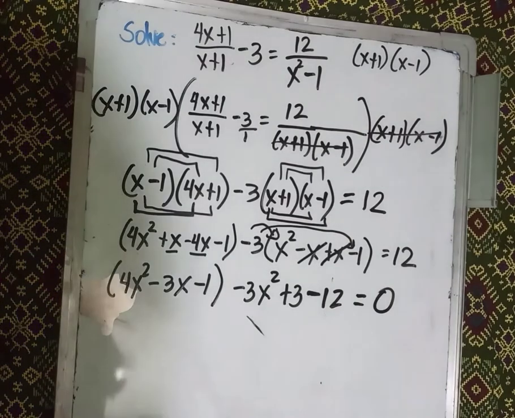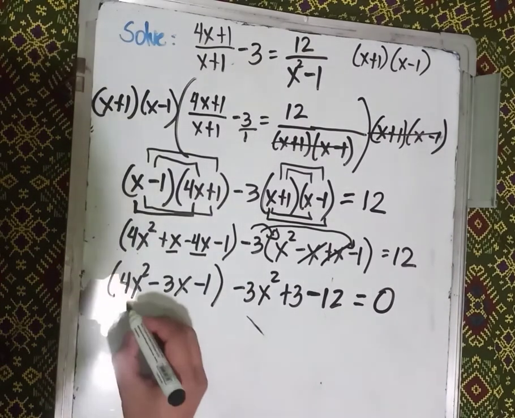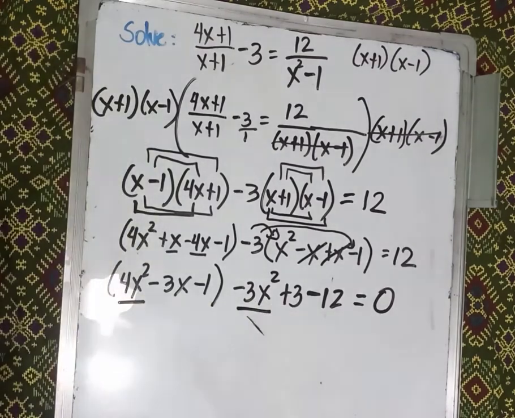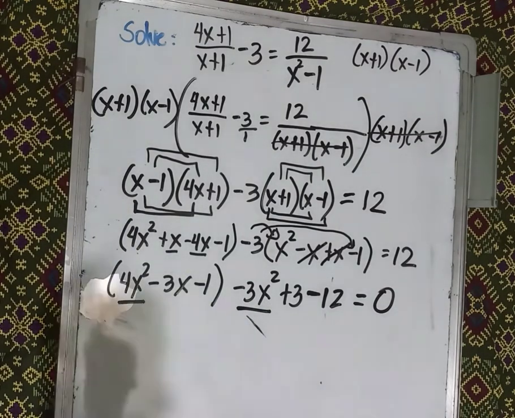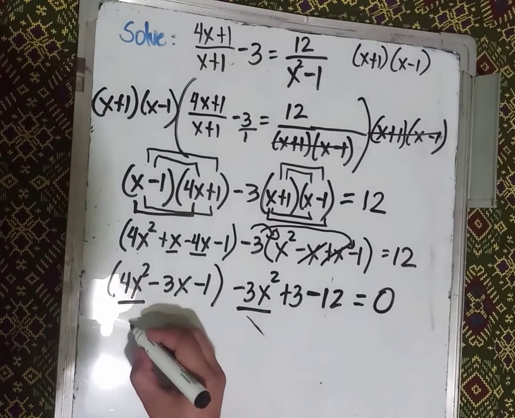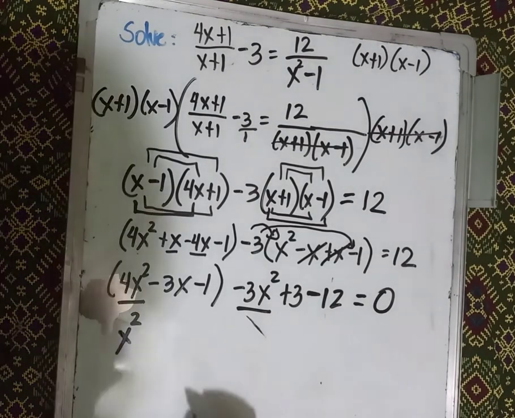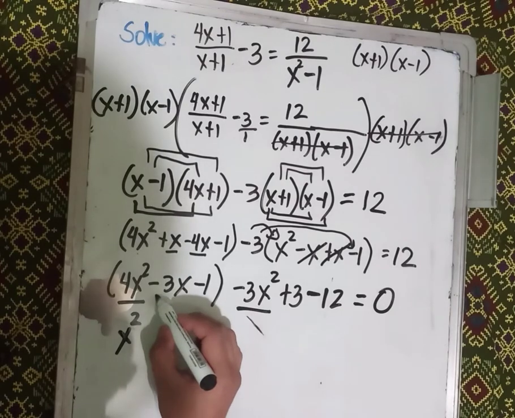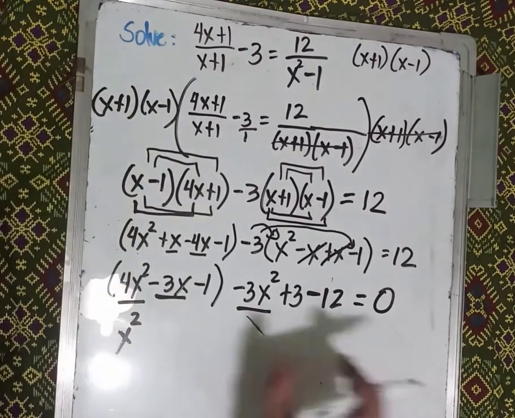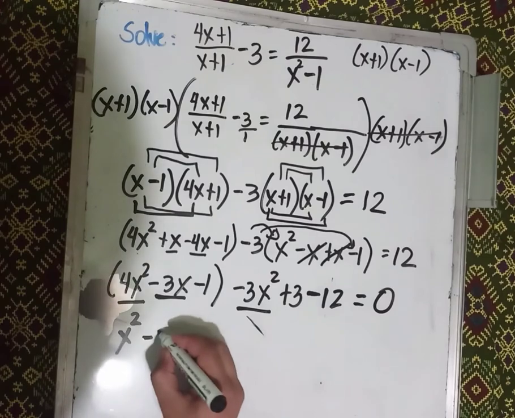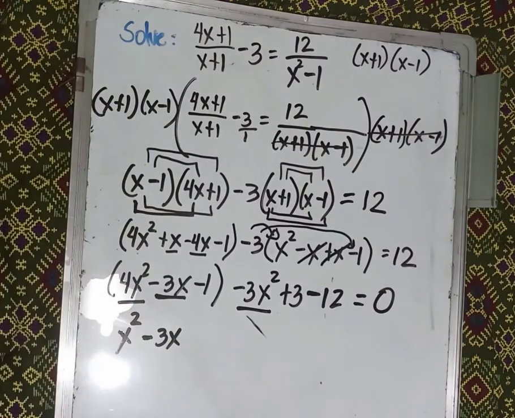Then, combine like terms. 4x squared minus 3x squared. Okay, 4 minus 3, that is 1, or that is x squared. Next, negative 3x, walang like terms, so just copy negative 3x.